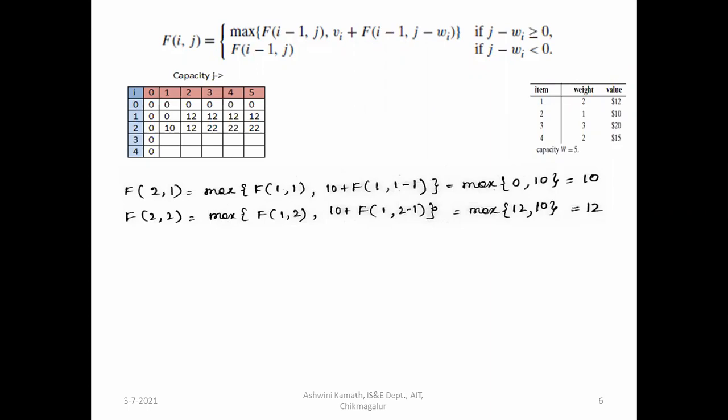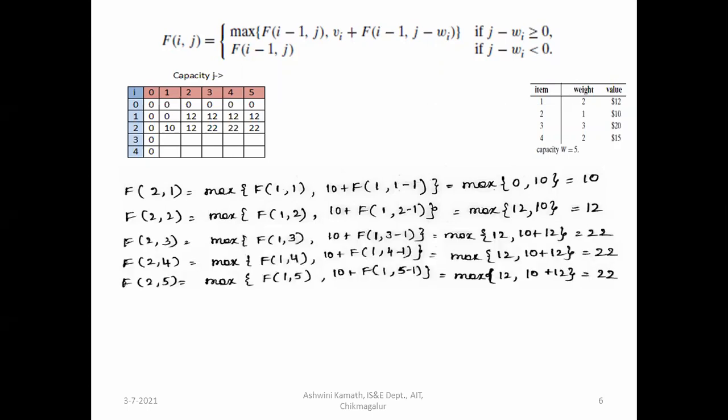For f of 1 comma 1 we have the value 0. So 10 plus 0 is equal to 10. Maximum of 12 comma 10 is equal to 12. So that is the value for f of 2 comma 2. Similarly, for 2 comma 3, we are getting the answer as 22.